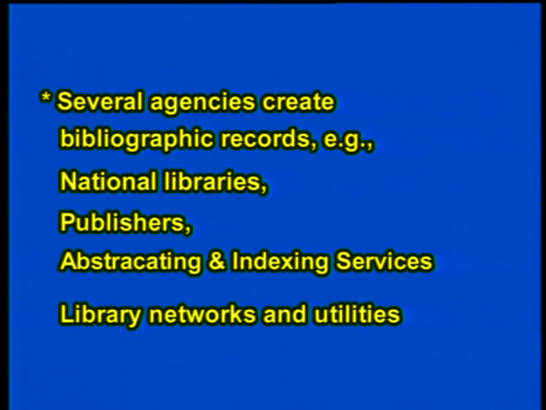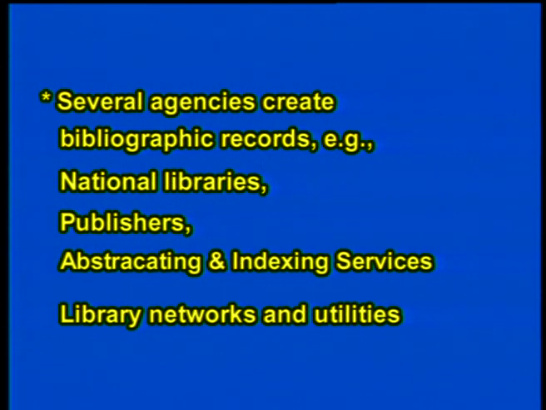Now, you will see that this kind of description is created by several agencies. For instance, national libraries have to depend on describing bibliographic documents in their bibliographies. Similarly, publishers have to put bibliographic description about their publications in their catalogs.